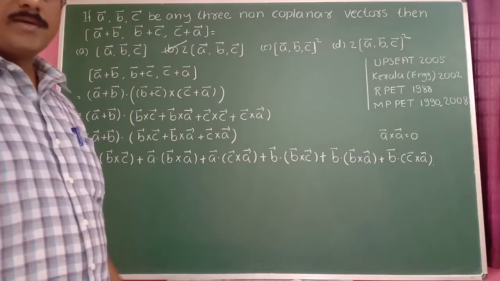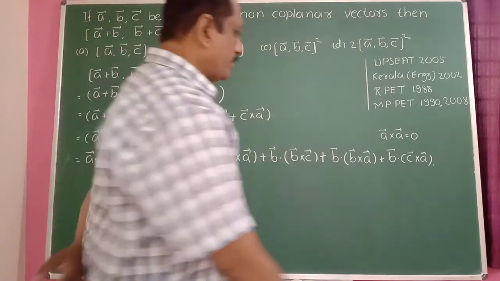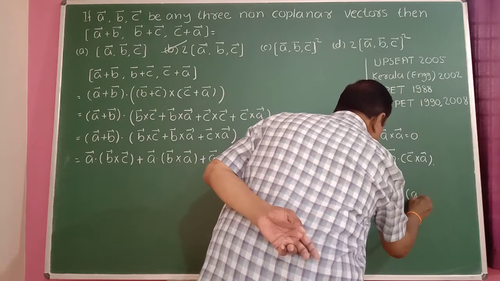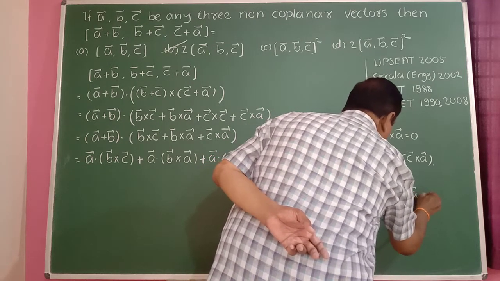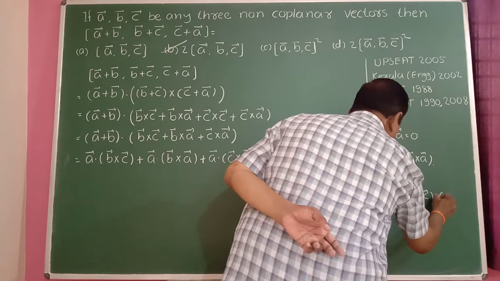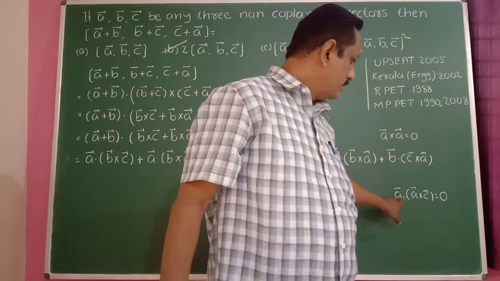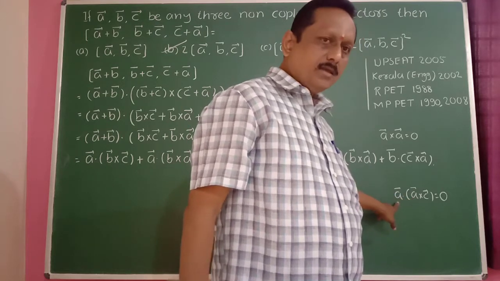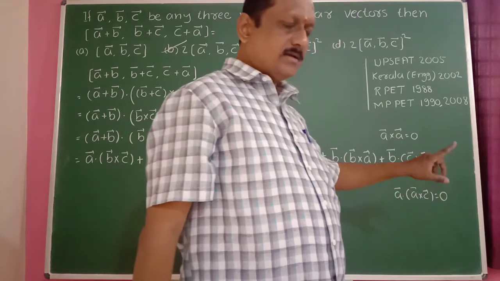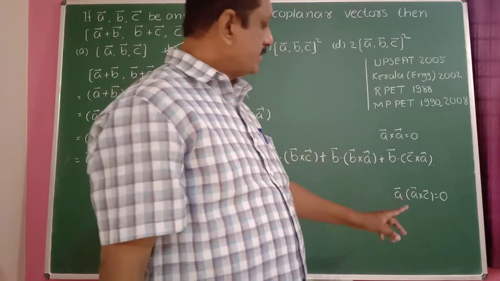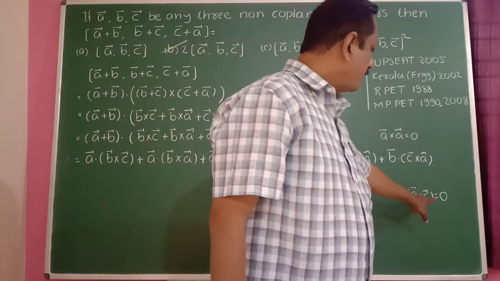Again there is a property of the scalar triple product: if two vectors are identical, then the scalar triple product becomes 0.